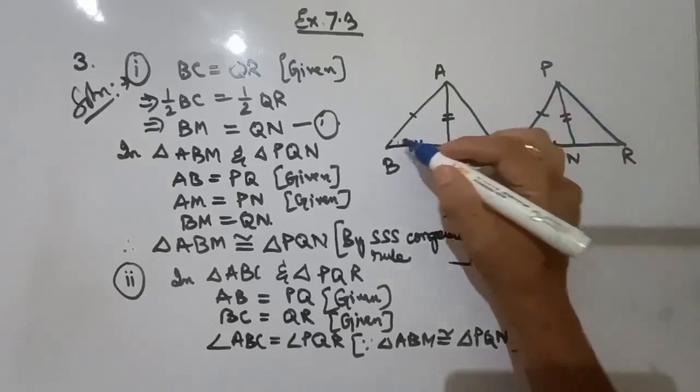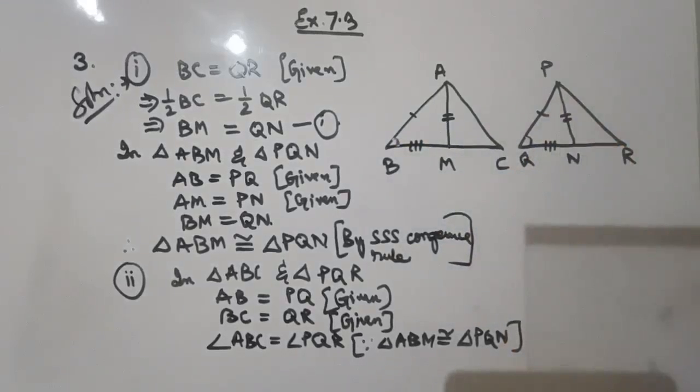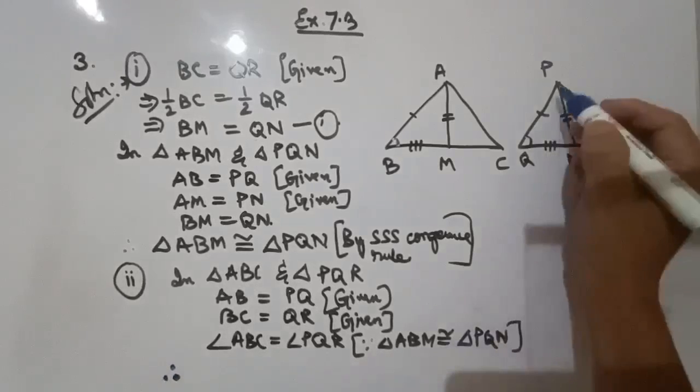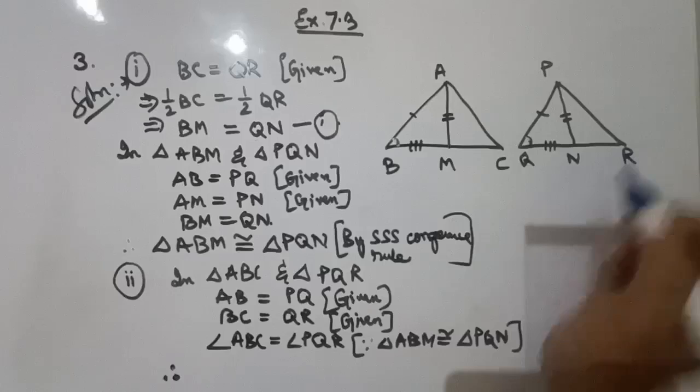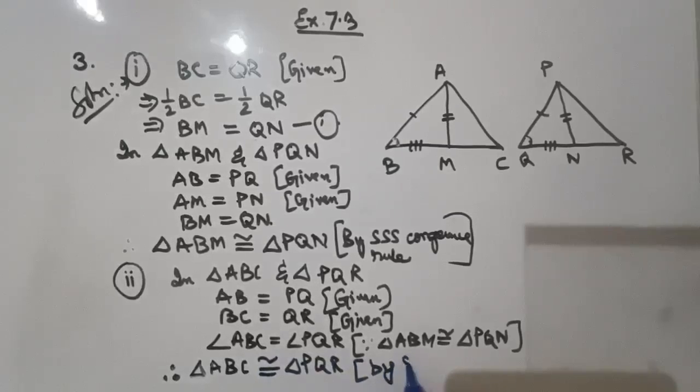Therefore, angle B will be equal to angle Q, that is, they are the corresponding parts of the congruent triangles. Now, by SAS congruence rule, triangle ABC is congruent to triangle PQR. That is by SAS congruence rule.